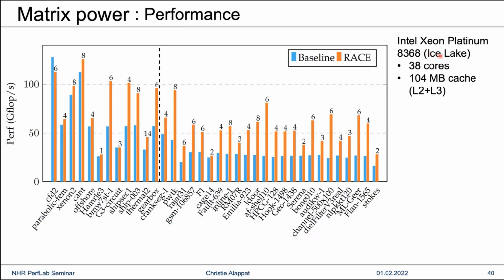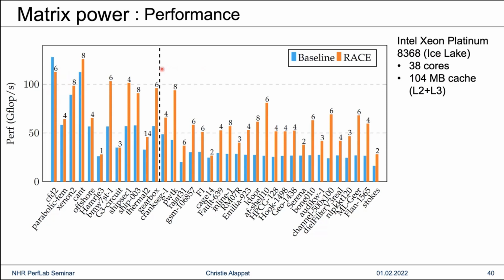This is an Ice Lake CPU with 104 megabytes of total cache. The matrices towards the left of it can fit in cache. That's also the reason why the matrices on the left do not have a high speedup, because the matrix is already in cache, so we do not need extra caching to improve the performance.